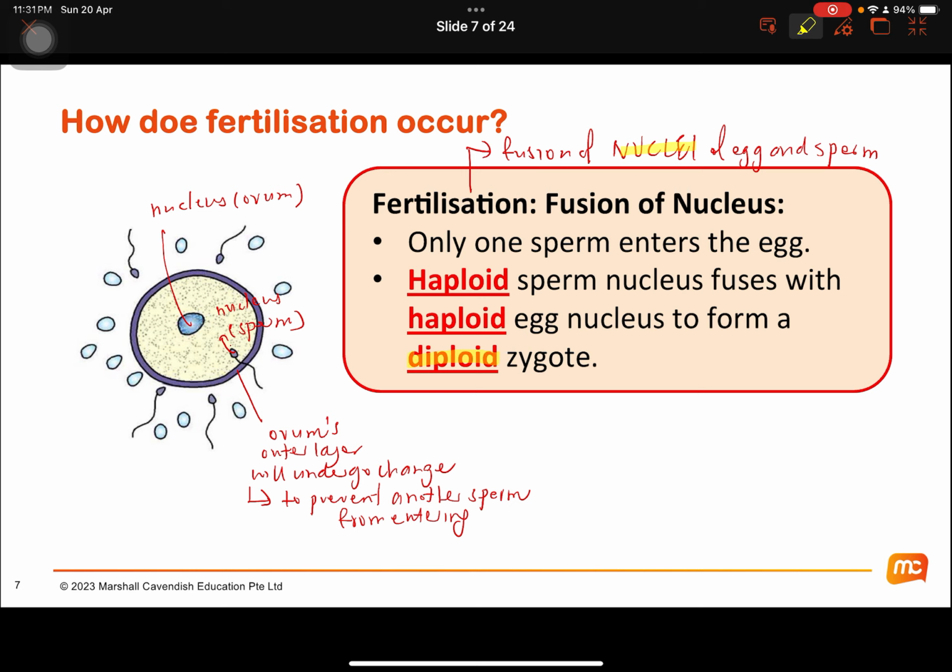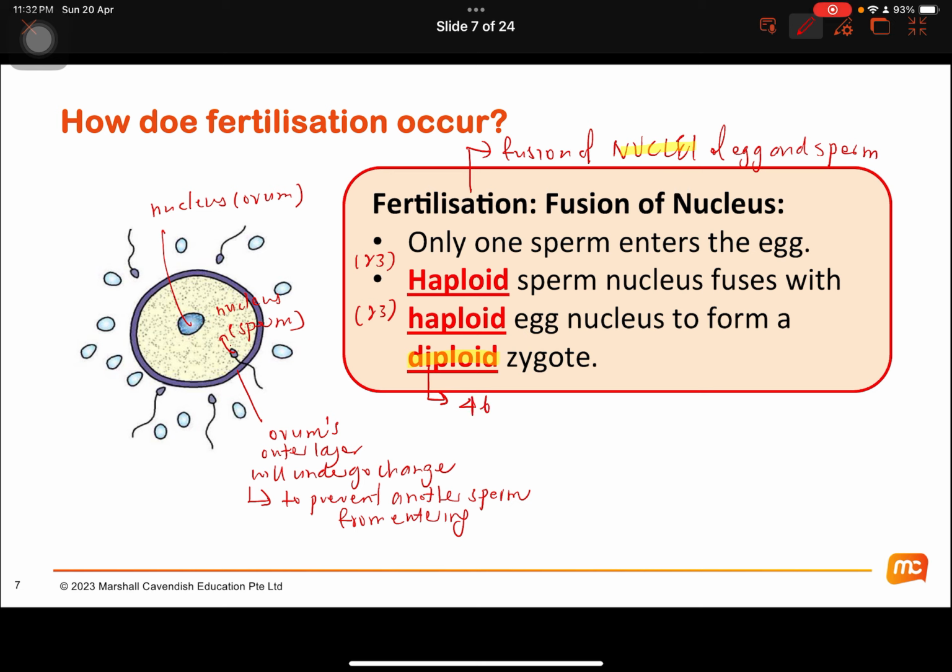So what do haploid and diploid mean? Simply put, haploid refers to half the number of chromosomes. For haploid sperm, it only contains 23 chromosomes, and the egg also contains 23 chromosomes, so it will restore the zygote's normal chromosome number, and there will be 46 inside the zygote.